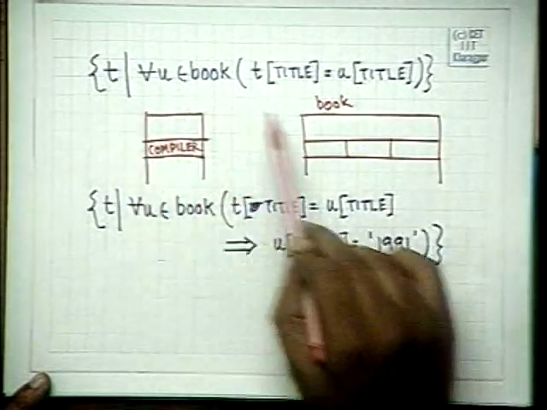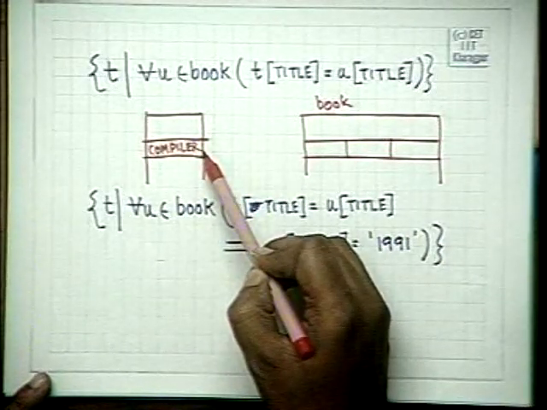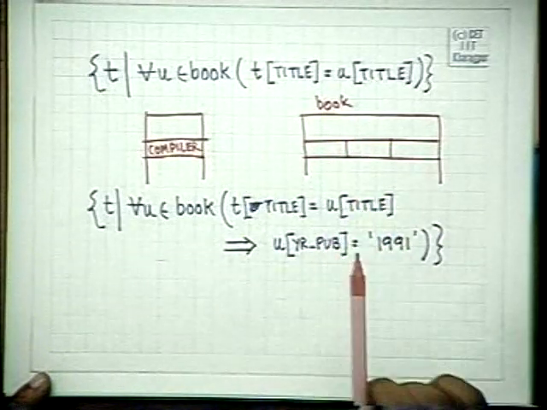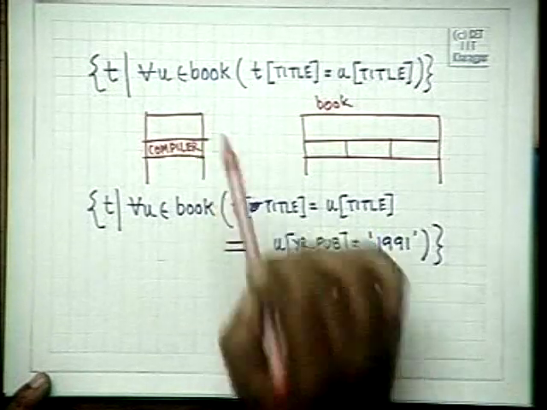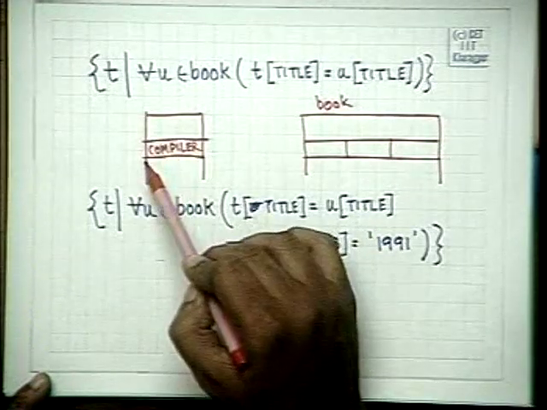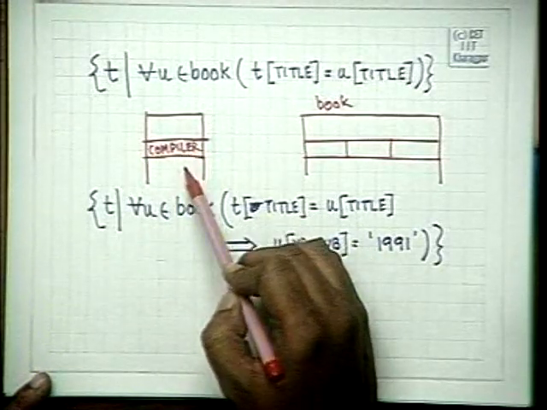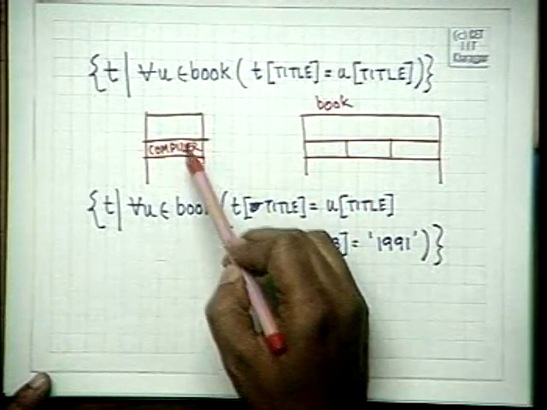So what does this query reveal? This query will give you a title provided there is only one title in the set of books, which is compiler. This query can return only one name. It cannot return more than one name, because if it returns more than one name, that would violate this relationship.